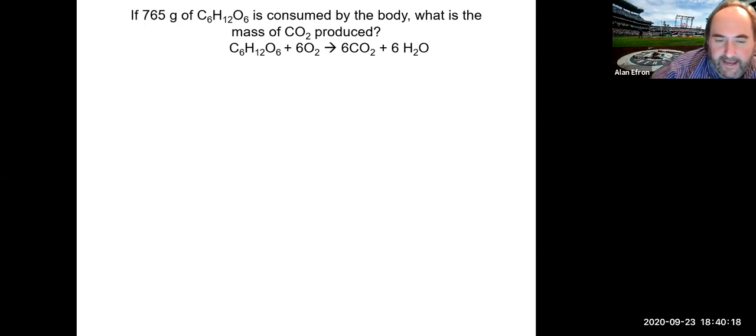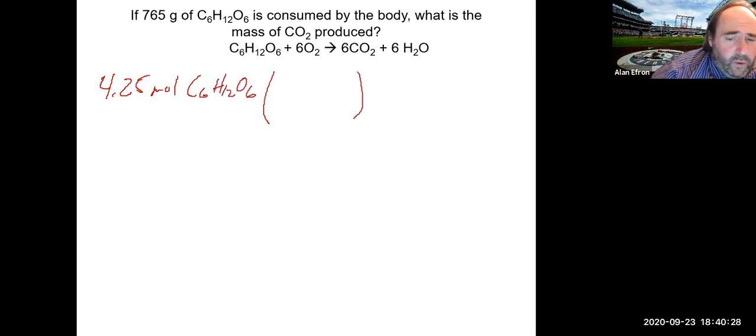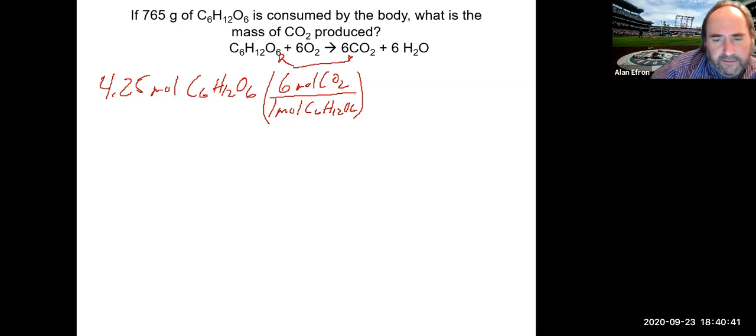Continuing on, we had 4.25 moles of C6H12O6 using our conversion factor on the right. That's going to give us 1 mole of the C6H12O6 and the 6 moles of CO2. Again, this is coming from the balanced equation, where we're getting that relationship from.